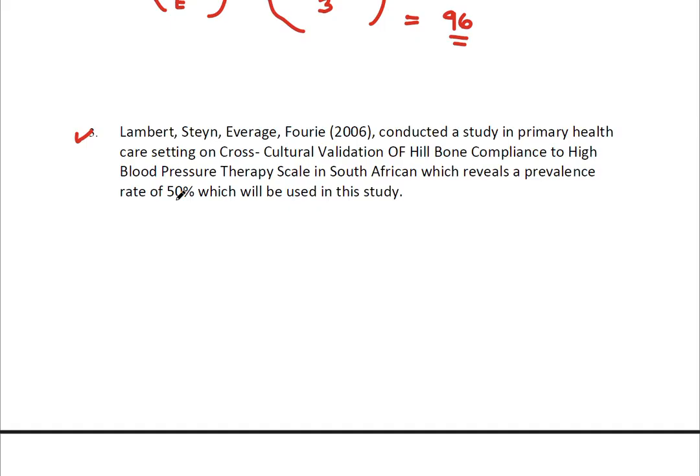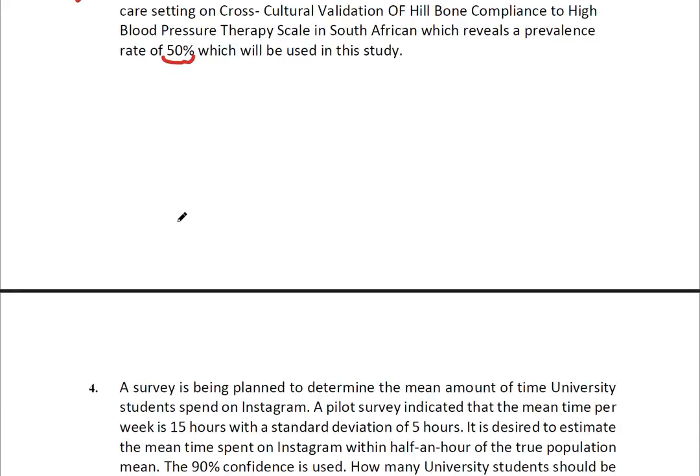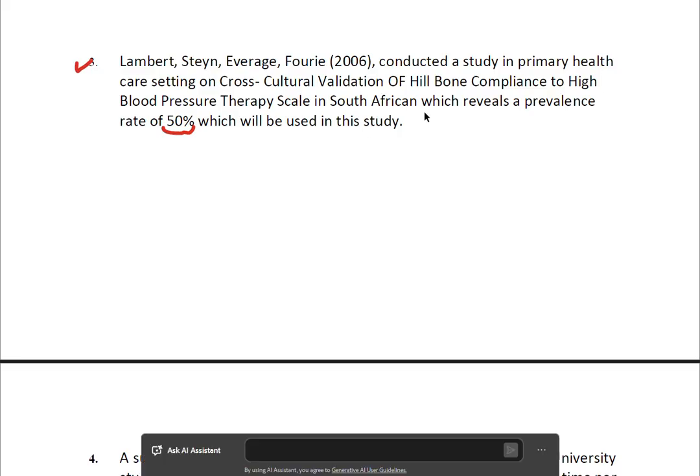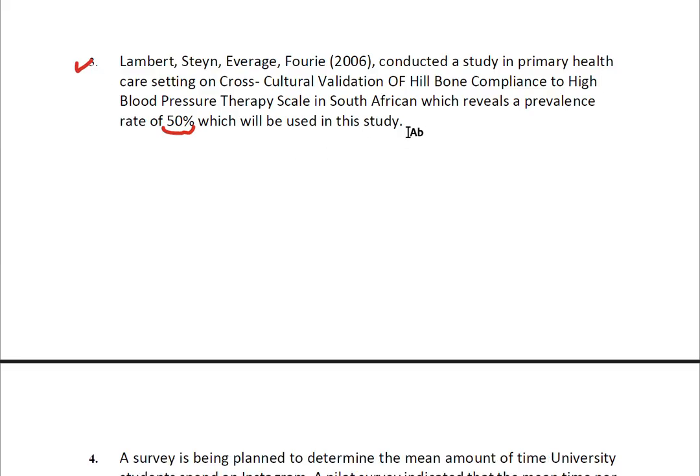So in a situation like this, where you have the prevalence rate being 50%, that prevalence rate would be like the value of a p-hat, right? And we're going to just add something to this.